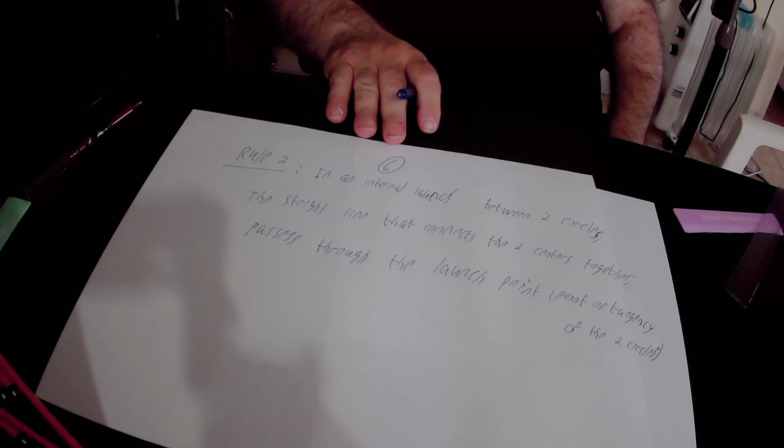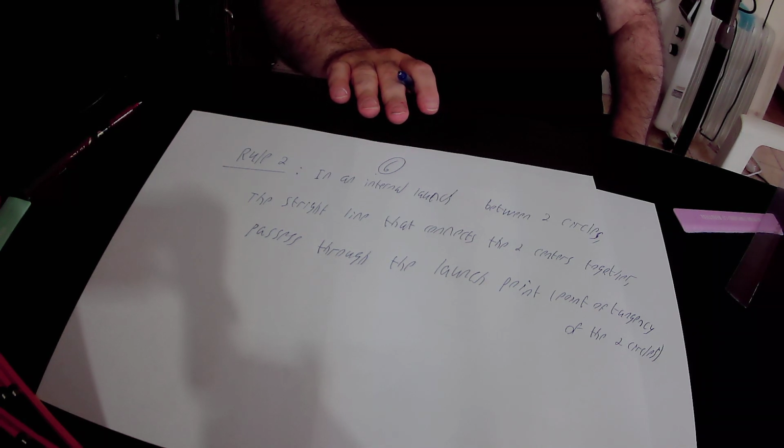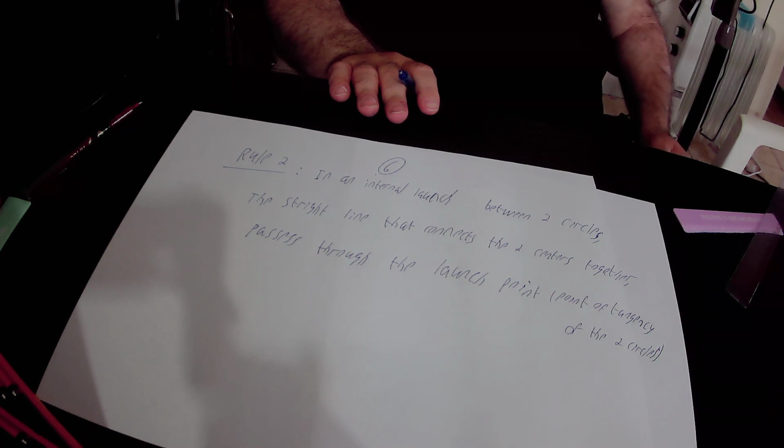According to rule number 2, in an internal launch between two circles, the straight line that connects the two centers together passes through the launch point of the two circles.